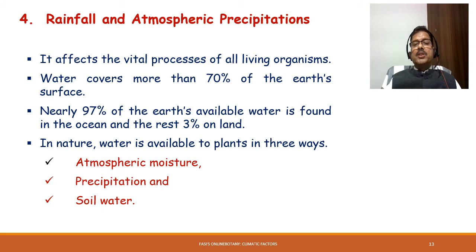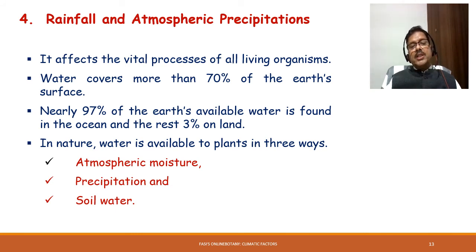Evaporation and transpiration of this water results in the formation of water vapor, which at any one time amounts to only 0.001%. If this entire water vapor were precipitated at the same time over the whole Earth's surface, it would be equal to 2.5 centimeter of rain.